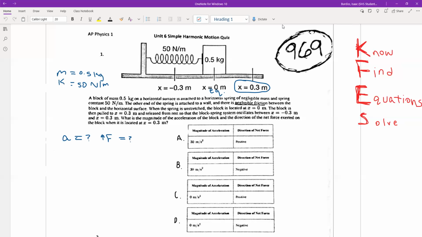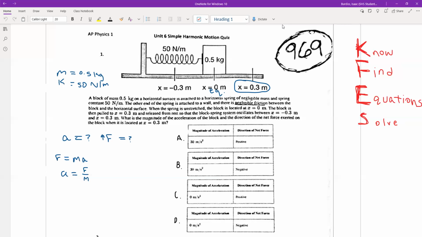Well, what equation has acceleration and force in it? Since those are the things we need to find. Well, that's Newton's equation. Sum of the forces equals mass times acceleration. We just have one force, so we can just write F. Now, if you rearrange that in terms of acceleration, a equals F divided by m.